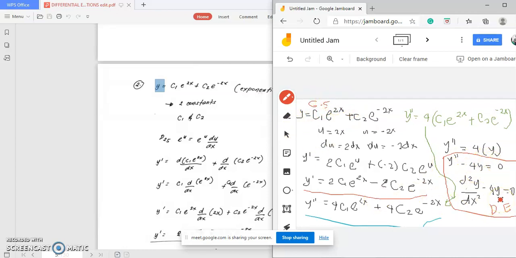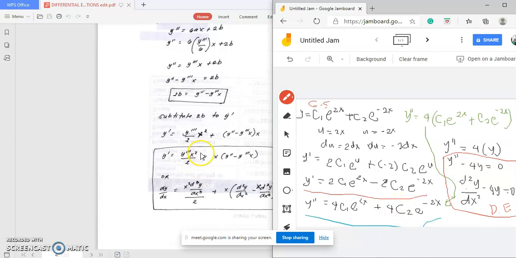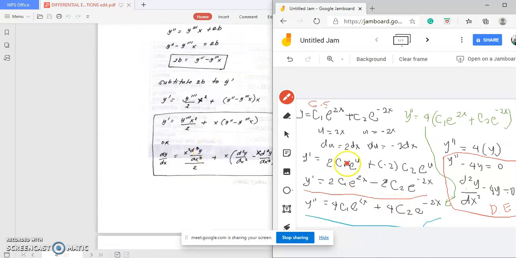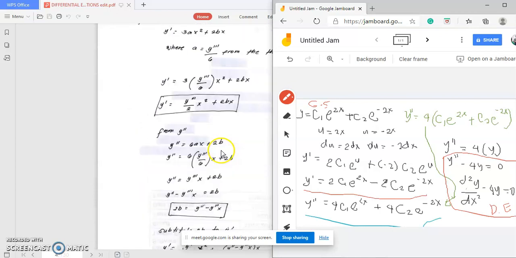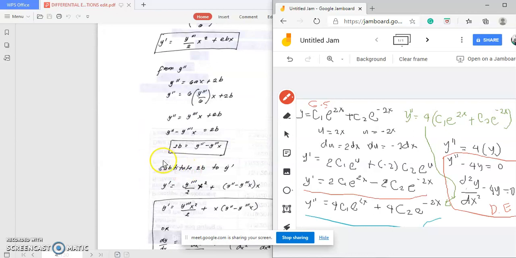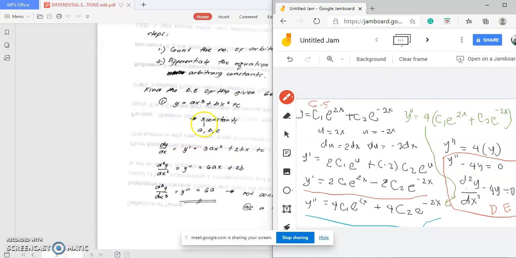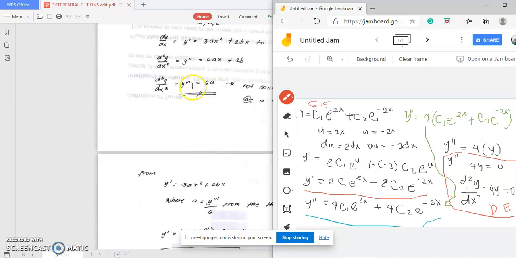Okay? So, again, question. Before I proceed with the next example, question, guys. Why, in the first example, do we do substitution? Because after the third differentiation, we still have an arbitrary constant.